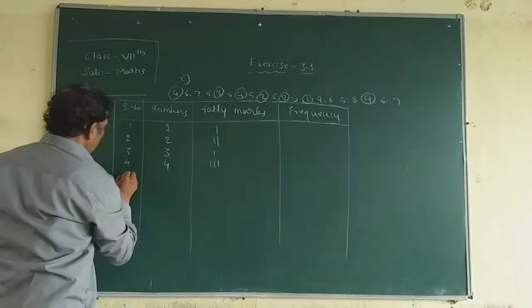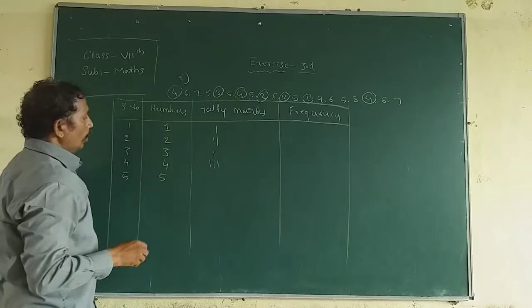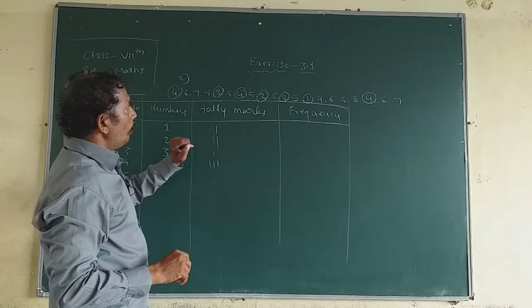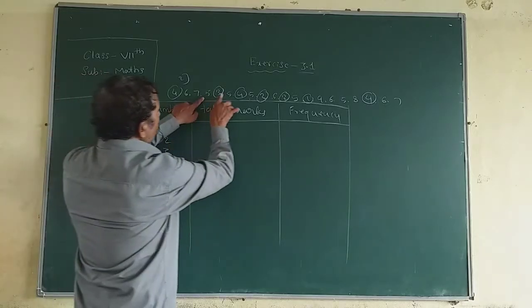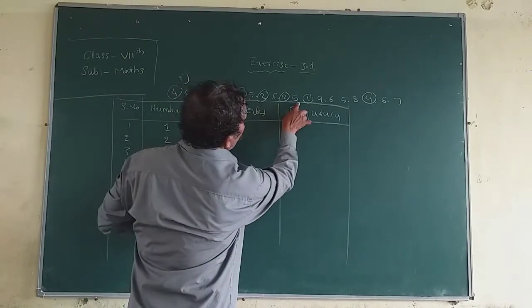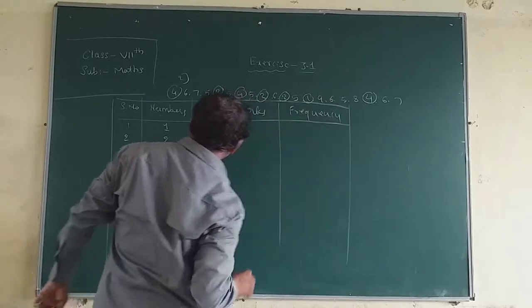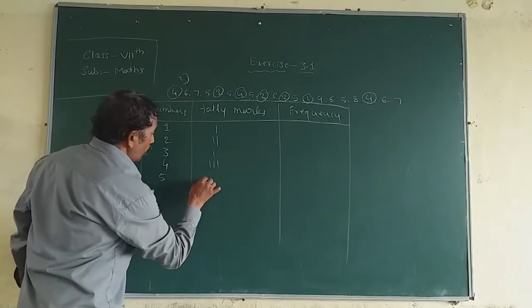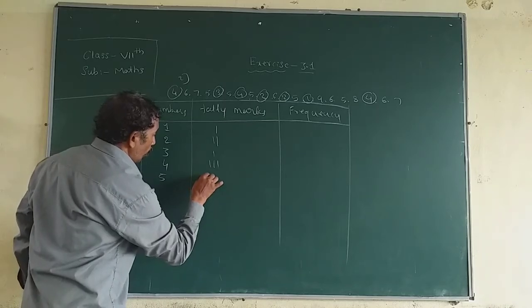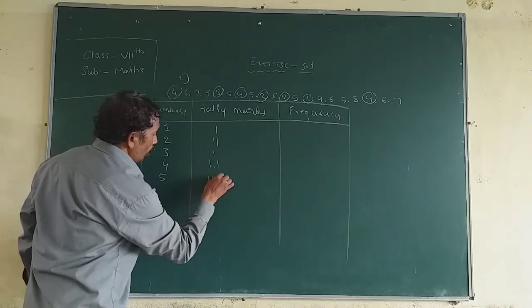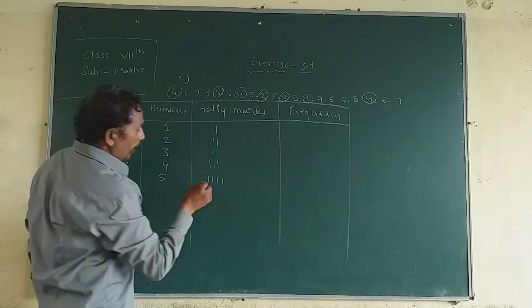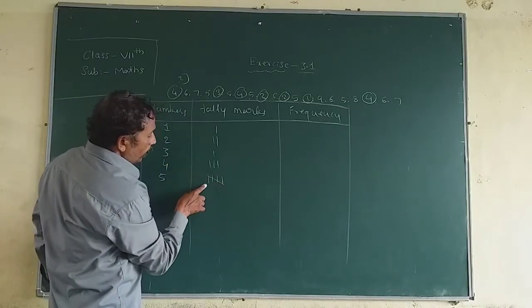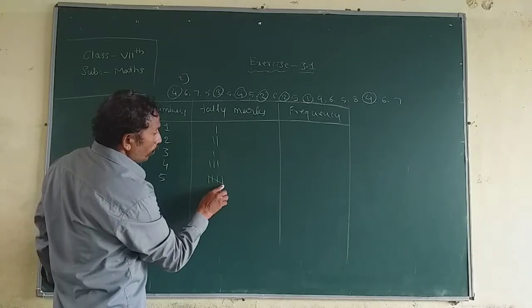Then number 5. Find how many times 5 appears. 1, 2, 3, 4, 5. 5 appears 5 times. Therefore, first write 4 tallies vertically, 1, 2, 3, 4. And for the fifth, draw a line from the top of the first tally to the bottom of the fourth tally.